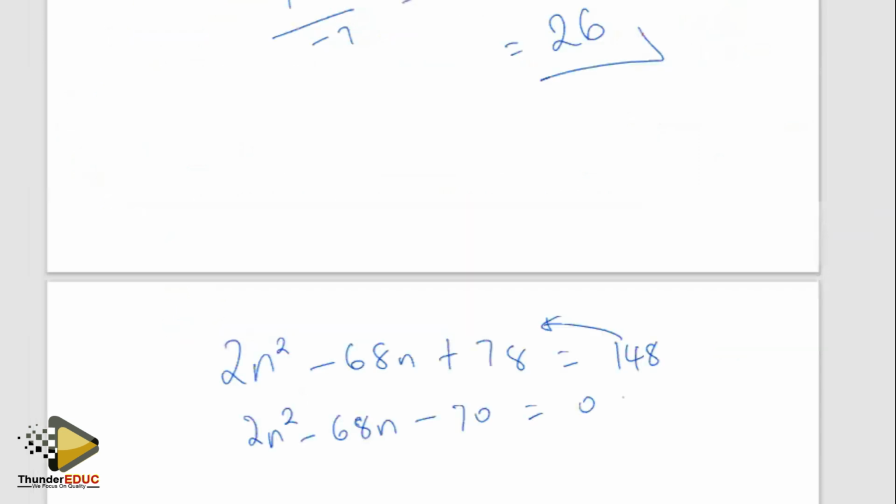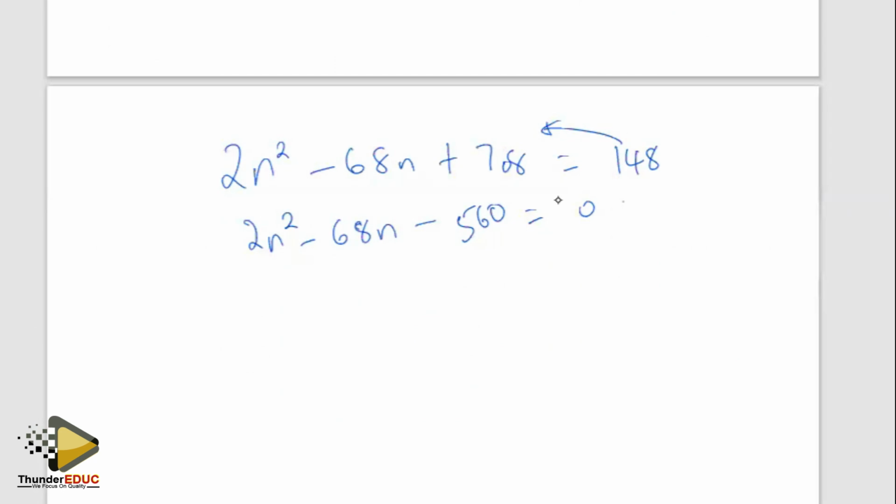Okay, so if C is 708, we're moving the 148 that side, which means it's going to give us some 560 in that case. Then divide through by 2, which means it's n squared minus 34n plus 280 is equal to 0.